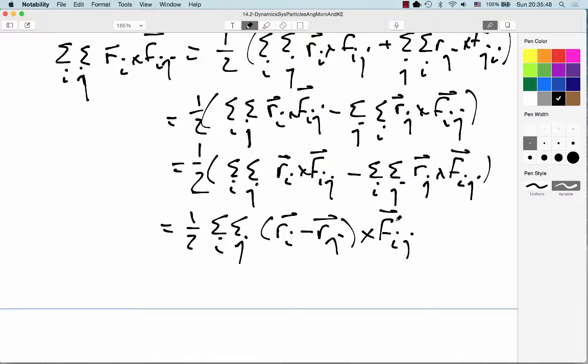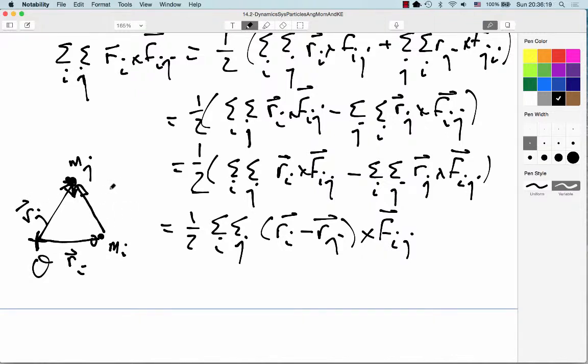All right, so now I need to take a look at my two particles here. Let's say this is my origin right here. This is my m_i, that's my m_j up there. Then this would be r_i, and that would be r_j.